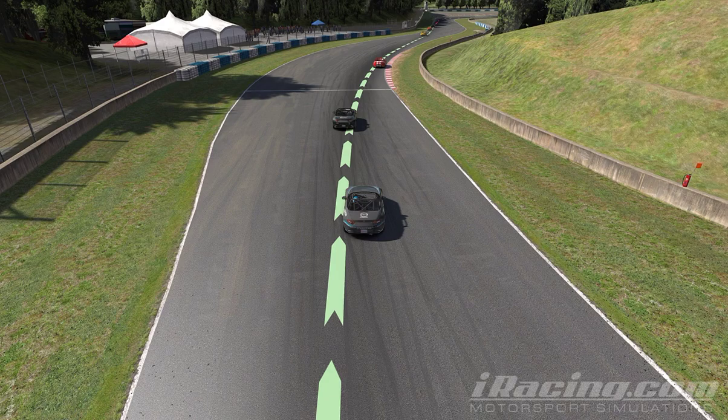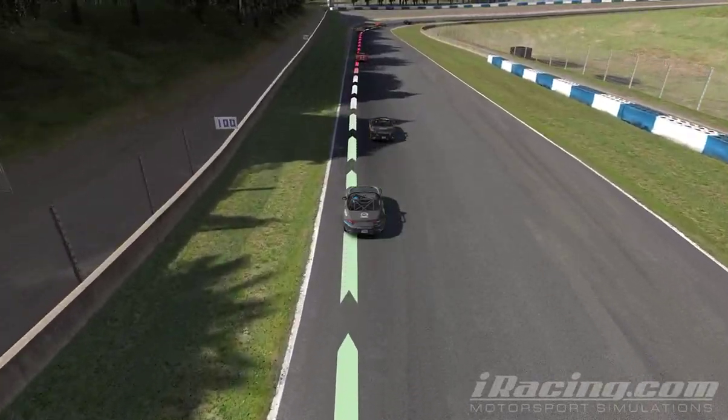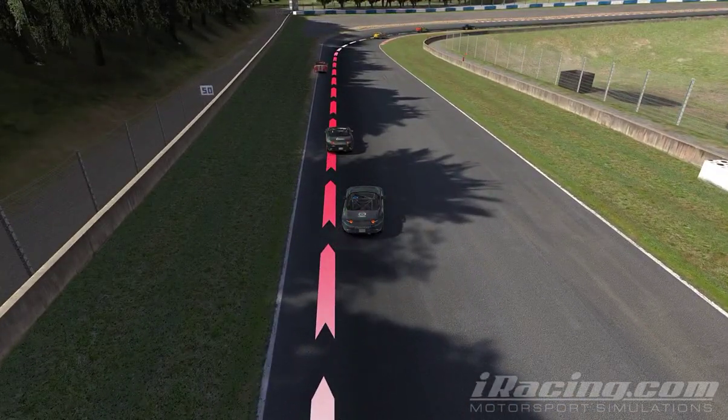So here, both cars are very close to the racing line, and there's quite a gap between the two cars. So let's just take it forward. Okay, so the lead car is getting himself in position to take this corner, so he's getting right onto the racing line, as you might expect.